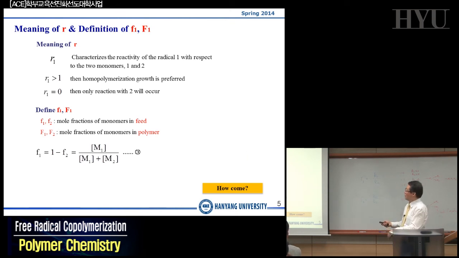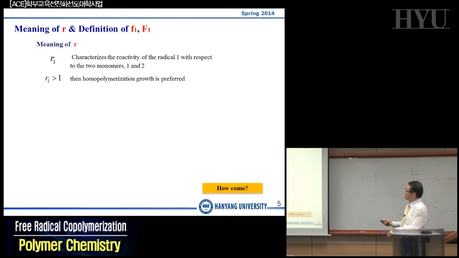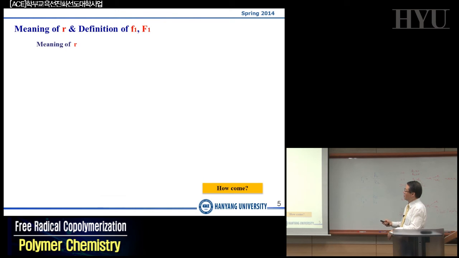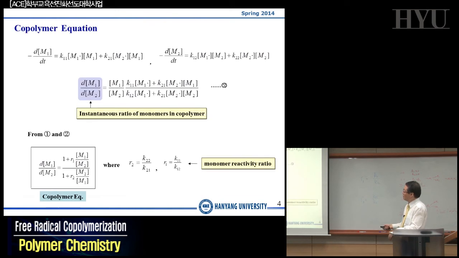Or if you go back to your original copolymer equation number 2 here, then R1 and R2 will be cancelled out because it's 0, and dm1 over dm2 should be 1.